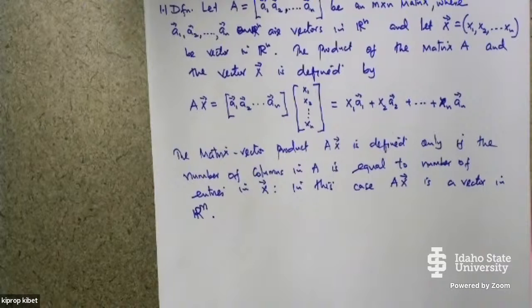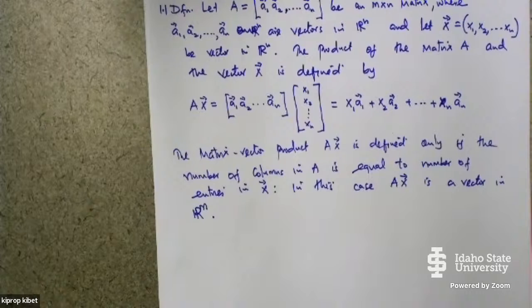If these are n columns, then the entries here should be n as well. The product here is now in Rm, because of what we get when we multiply these. We will see how we come to that.